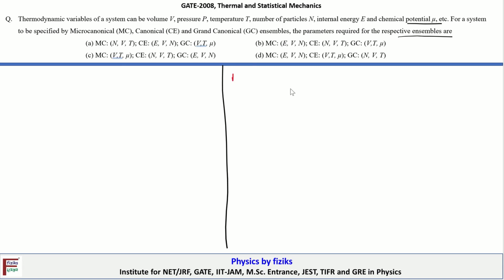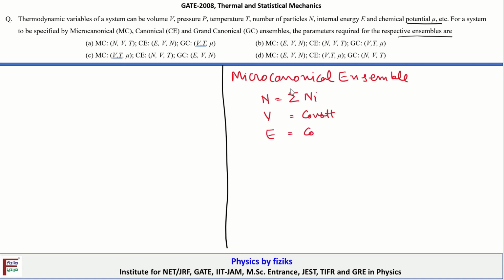So in the microcanonical ensemble, the total number of particles is constant, and also the volume is considered to be a constant quantity, and the energy of the system is also considered to be a constant quantity.